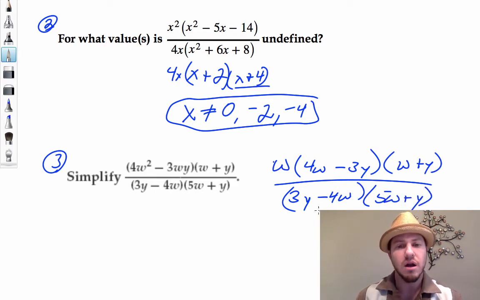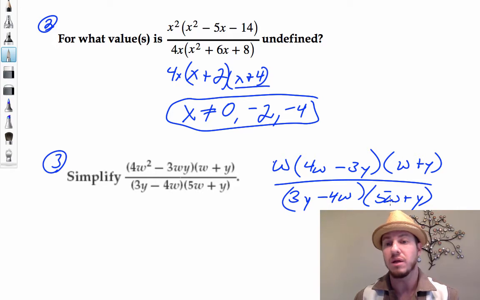Well, let's look here. It doesn't look like anything can cancel out because nothing is exactly the same. I cannot cancel this w plus y out with this 5w plus y, because even though they're both w plus y, this one has that 5 in front of the w.